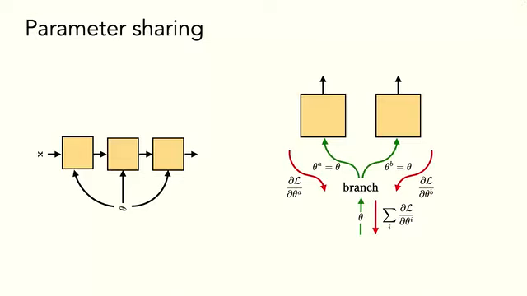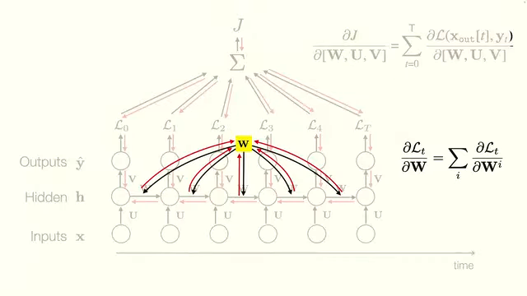So for that W, we're going to just be summing those gradients over every single element that we have that W in. Cool. So here, we have W in all these places, and now we have this branching structure. And then when we're calculating the change in the loss with respect to W, it's the sum over the change in the loss from the gradients from each of those.